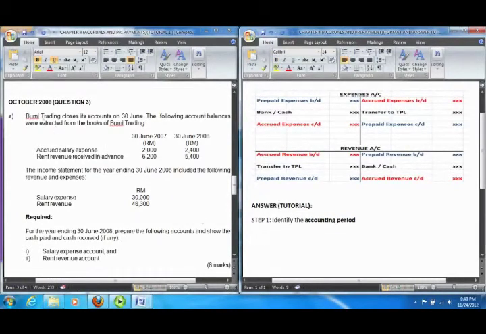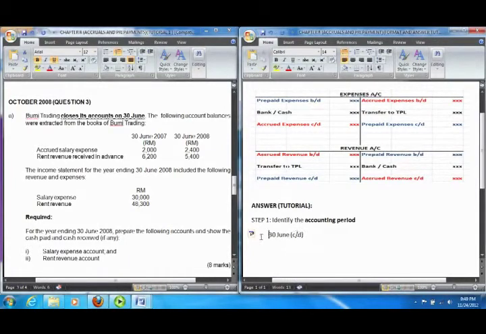So step 1, based on the question, Bumi Trading closed its account on 30th June. This is the date of your accounting period, 30th June, which is your CD.